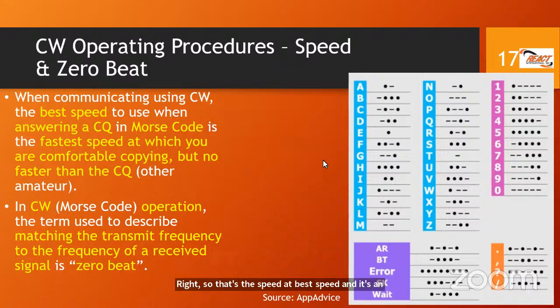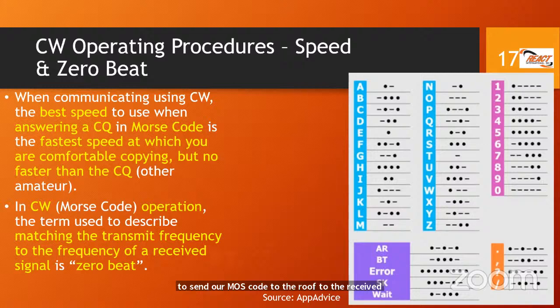So in Morse code operations, we can transmit CW, and we can also receive Morse code. When we are listening with our ears, we are hearing dits and das. Sometimes we may be on a particular frequency, and as we tune, we are hearing the Morse code that is coming in. So what we need to do is make sure that we match the transmit frequency that we will be using to send our Morse code to the received frequency that is coming in.